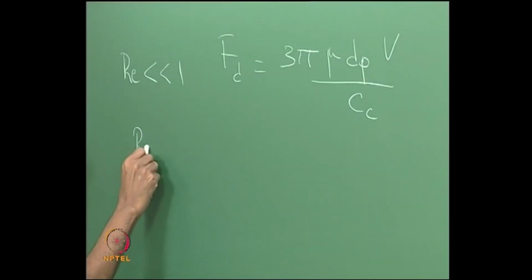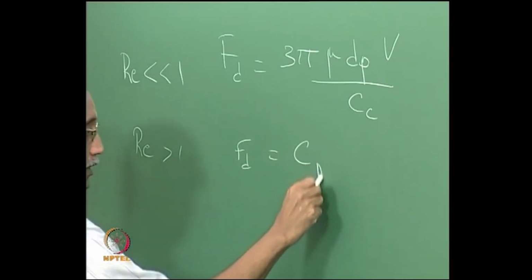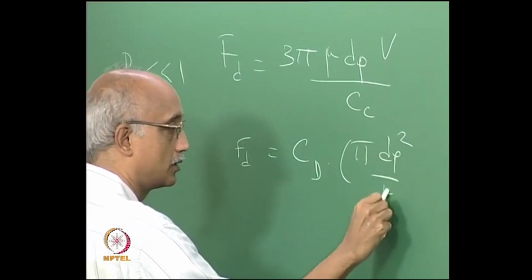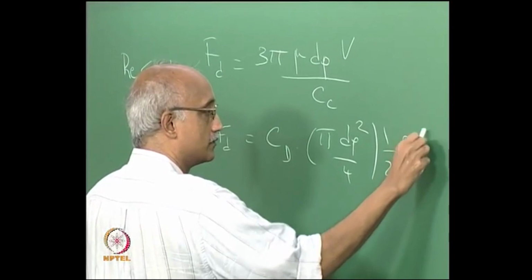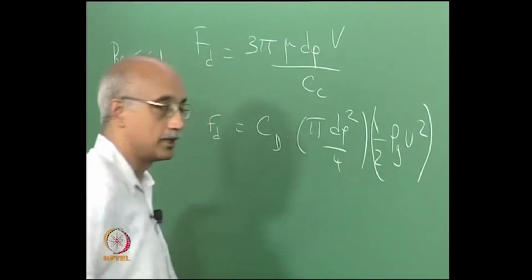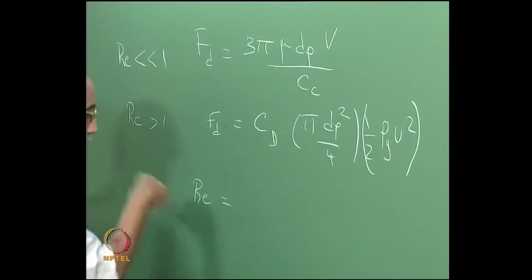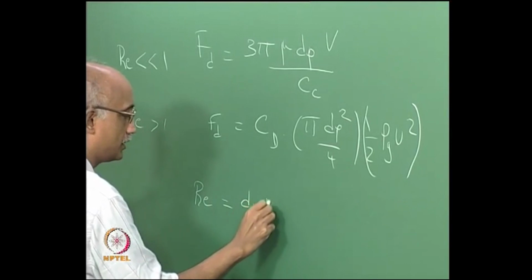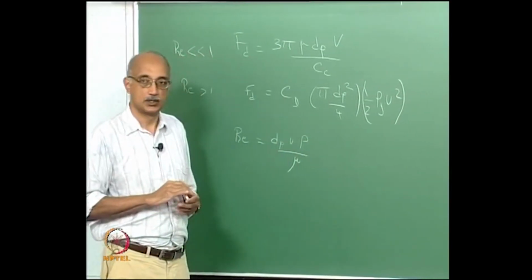When Re exceeds 1, then the drag force is expressed in terms of drag coefficient times pi dp squared by 4 times half rho gas v squared. Of course, the definition of Reynolds number is dp v rho over mu.